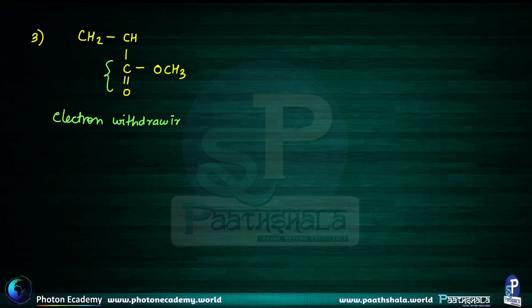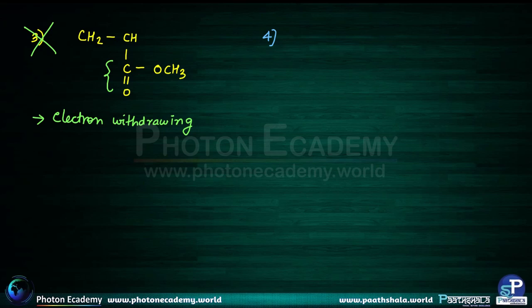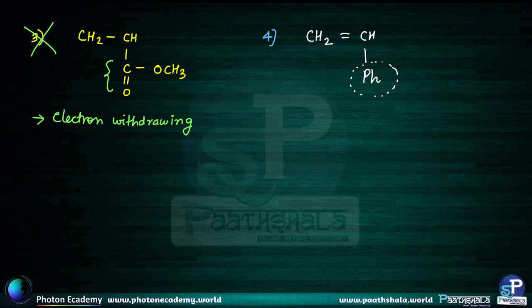We don't want an electron withdrawing group, as it will further destabilize our carbocation. The fourth example that we'll take is again CH2 double bond CH with a phenyl group attached. We know this phenyl group, because of the resonance, will stabilize the positive charge, and therefore the reaction will proceed if this is the monomer.